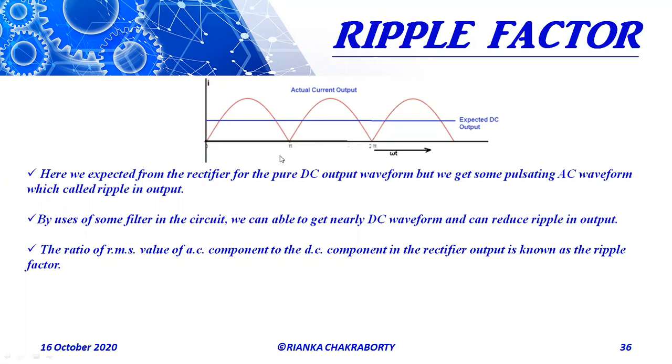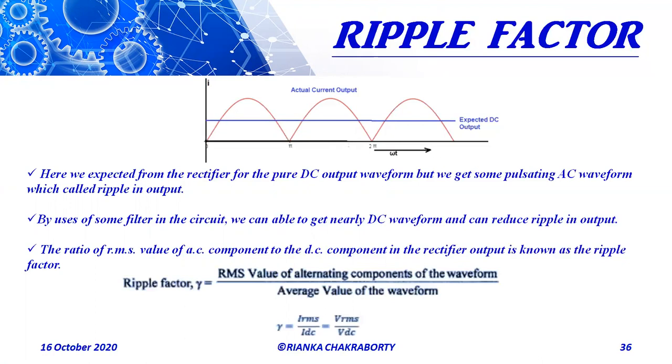Here we expected from the rectifier a pure DC output waveform, but we get some pulsating AC waveform that is called ripple. So we can say that the ratio of RMS value of AC component to the DC component in the rectifier output is known as ripple factor. Ripple factor is denoted by gamma. Gamma equal to RMS value of alternating components of the waveform by average value of the waveform.